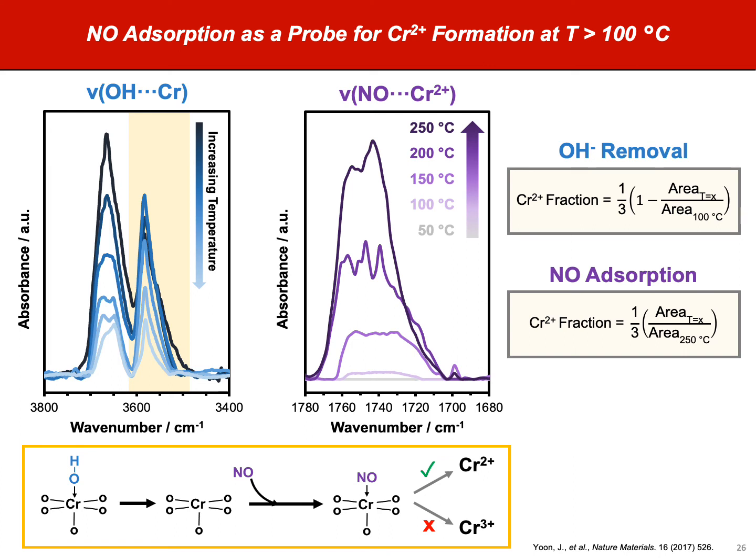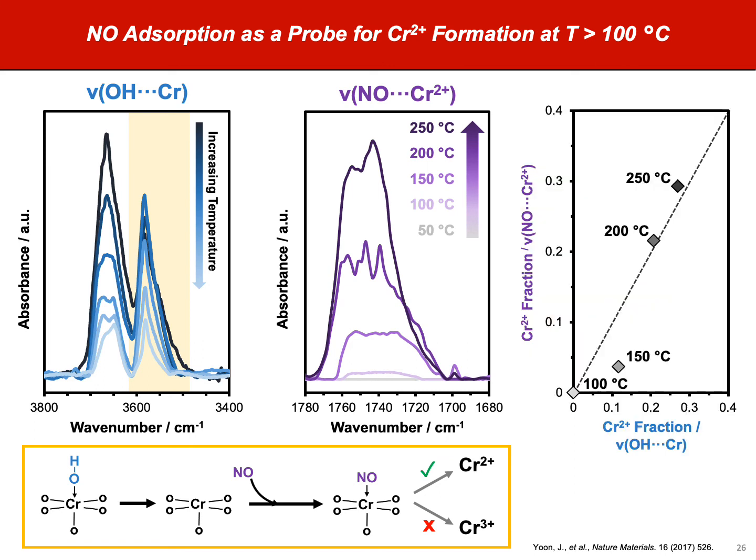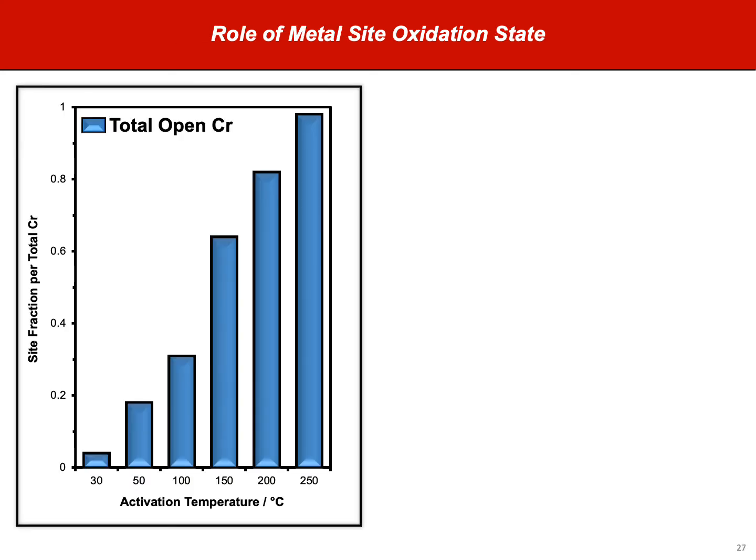We can also take the peak obtained upon exposure of the MIL-100 to NO and calculate a Cr2+ fraction from the NO adsorption data. What we observe again is a one-to-one correlation between the Cr2+ fraction obtained from these two methods, thereby validating the reduced open metal site densities estimated by these techniques.